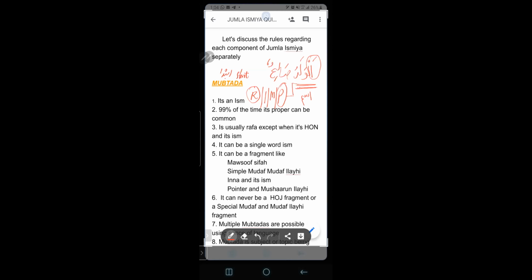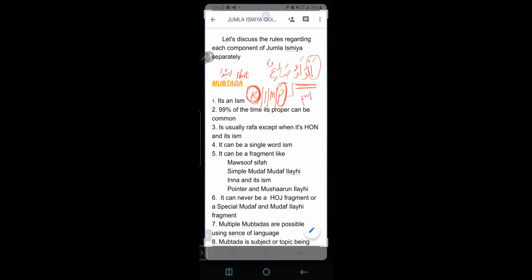But when we reach that point, we will study those exceptions and know why it comes as common. But usually, 99% of the time, mubtada is proper, and it can be rafa like here.